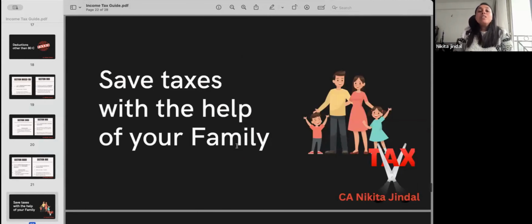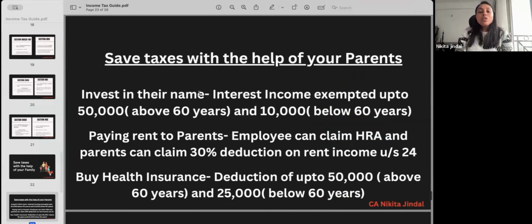Other than this, we will cover how your family, as in your parents, your spouse, and your children, can help you save a lot of taxes. If I talk about your parents, number one is you can invest in their name.